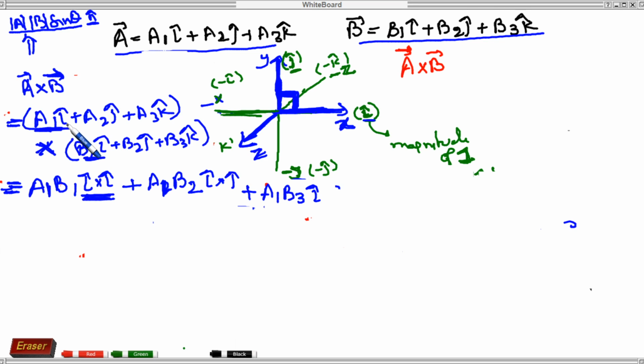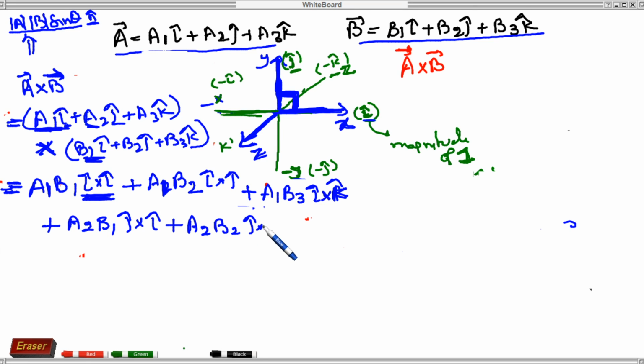If it's i cross k, you have to write it i cross k. Plus a2 b1 j cross i plus a2 b2 j cross j plus a2 b3 j cross k.